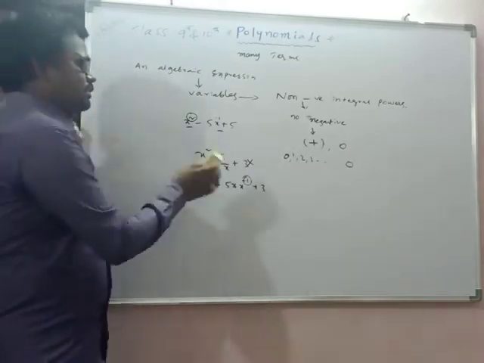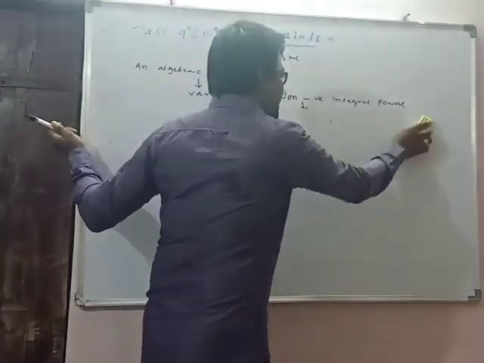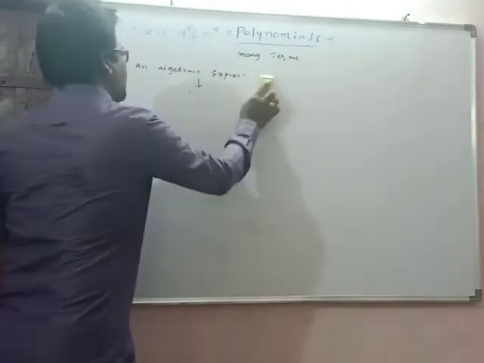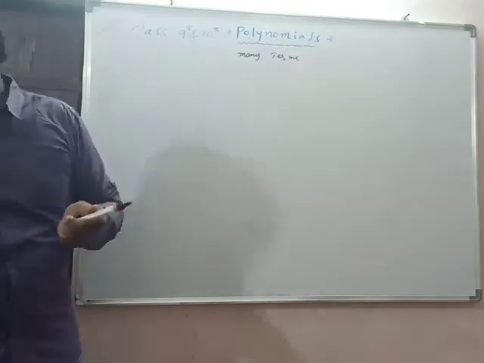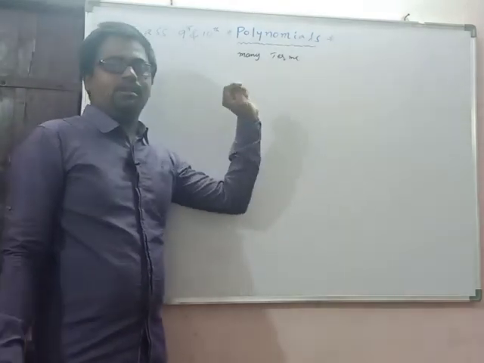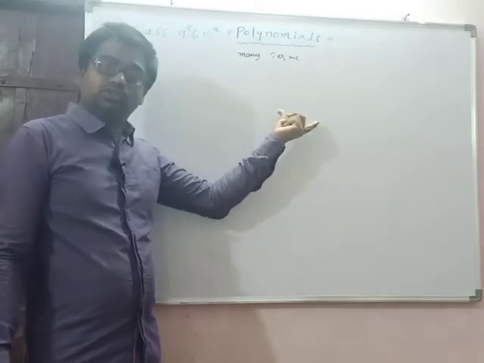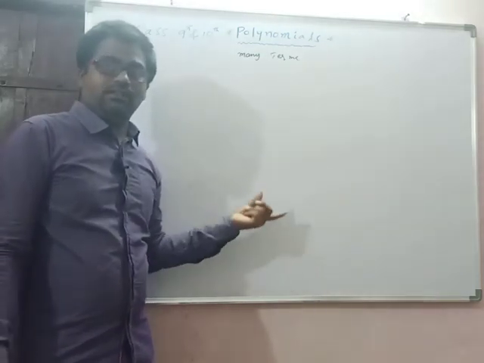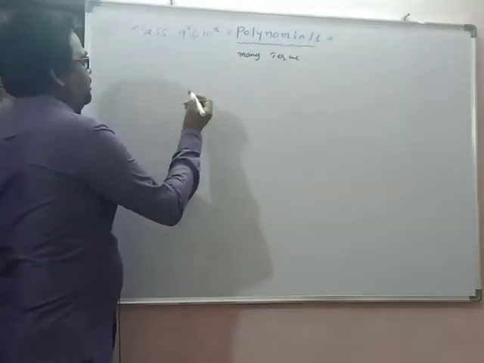An algebraic expression involving variables with non-negative integral powers. Non-negative integral powers means no negative powers. Powers must compulsorily be non-negative; then only it will be a polynomial. You should first know which is not a polynomial. I will give a few examples so you can get a clear idea.